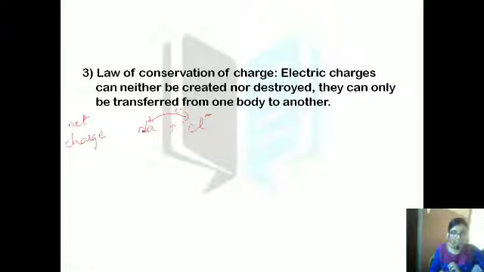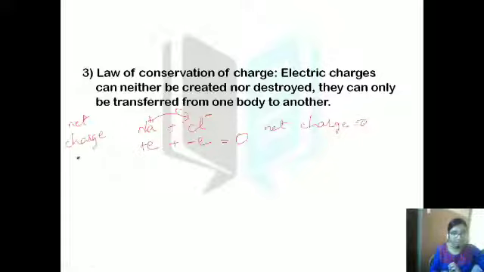Now as the sodium atom is losing one electron, the charge acquired by the sodium will be plus e. And as chlorine acquires this electron, there is an excess of electron, so the charge acquired by it will be minus e. Now what will be the total charge? Total charge will be plus e minus e, that is 0. So even after the transfer of charge, the net charge is 0.